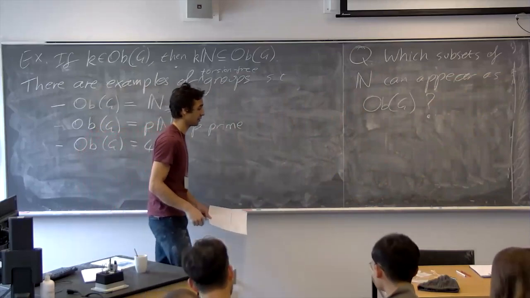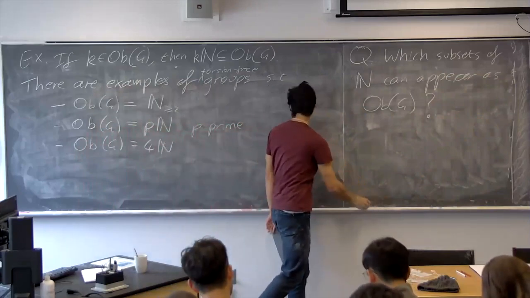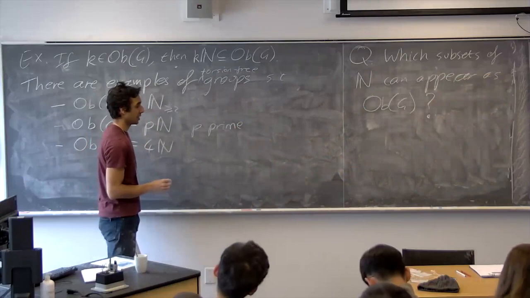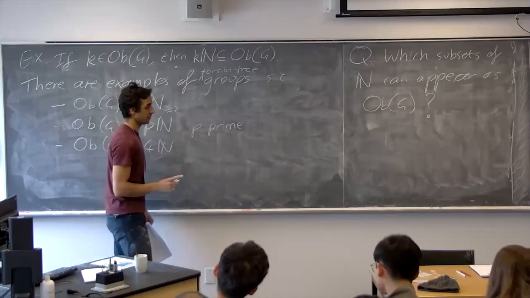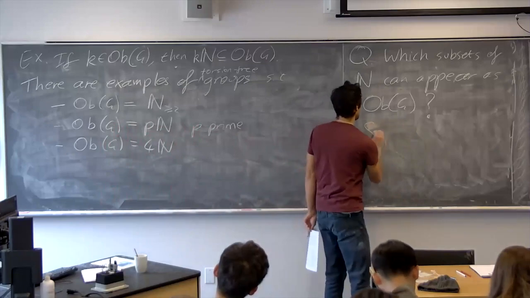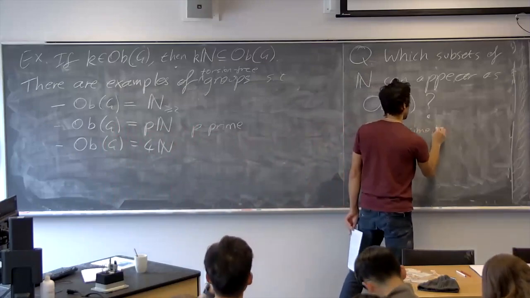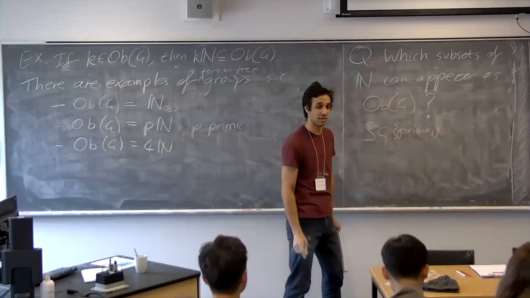There are examples where, I think we have torsion-free examples of this, you can take S to be any subset of the set of primes, your favorite subset of the set of primes.